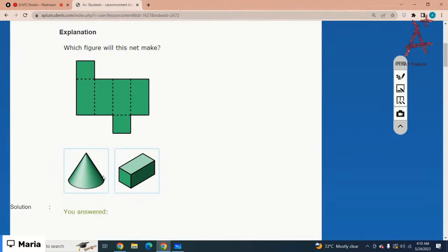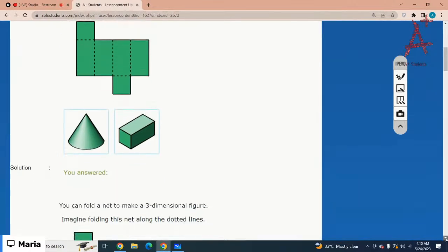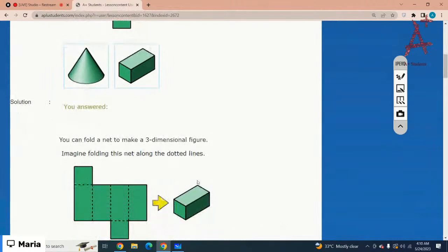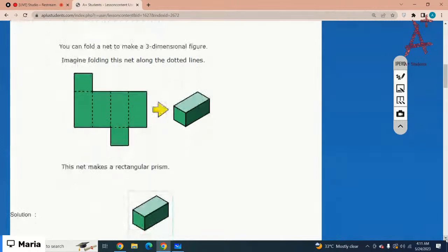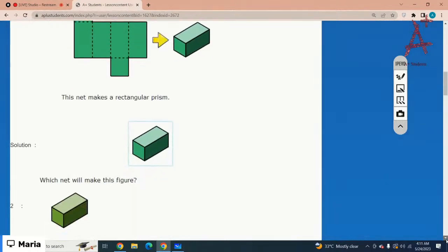It will make the second shape, this one. Got it? You can fold a net to make a three-dimensional figure. Imagine folding this net along the dotted line, so when you fold it will make something like this. Got it? The net makes a rectangular prism.